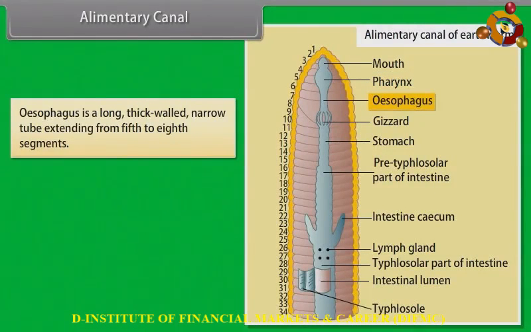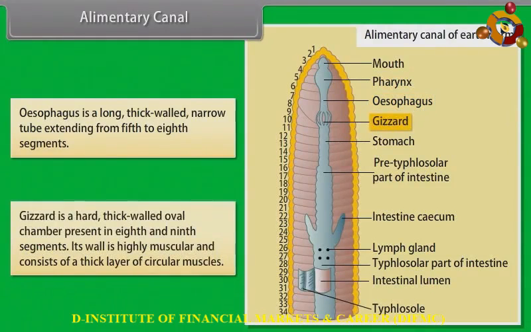Oesophagus is a long, thick-walled, narrow tube extending from fifth to eighth segment. Gizzard is a hard, thick-walled, oval chamber present in eighth and ninth segments. Its wall is highly muscular and consists of a thick layer of circular muscles. Alimentary canal.